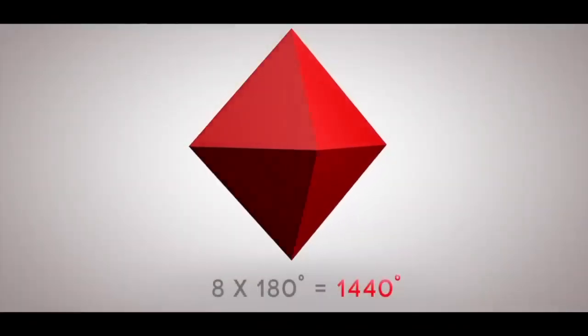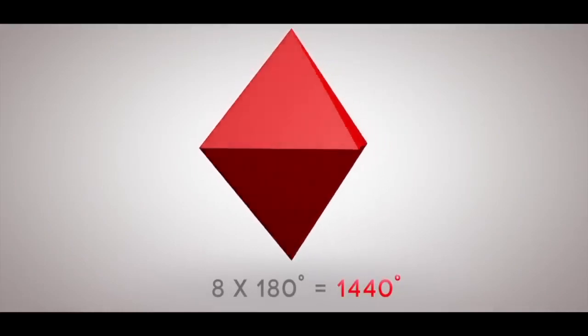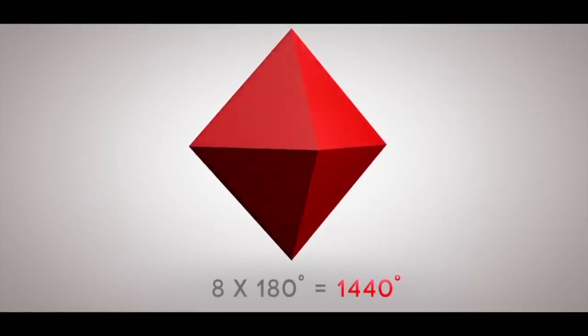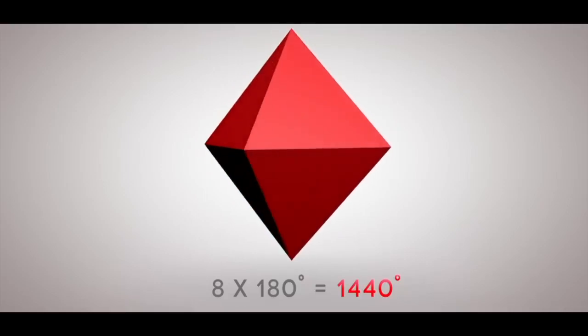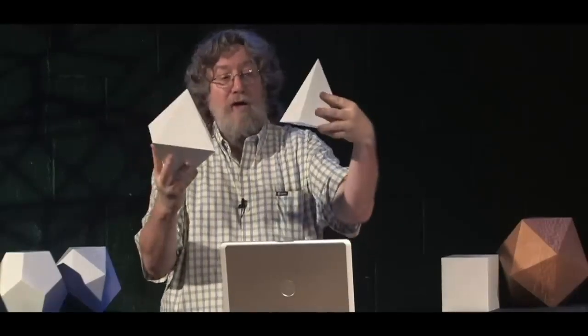Then we'll go to the octahedron, and it has 8 triangular faces. This is our octahedron right here. And you'll notice that so far the tetrahedron and the octahedron are both composed of equilateral triangular faces.